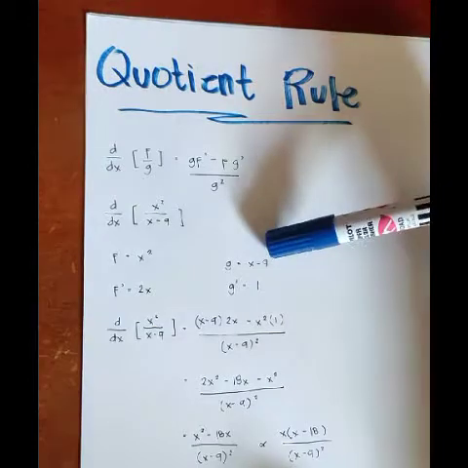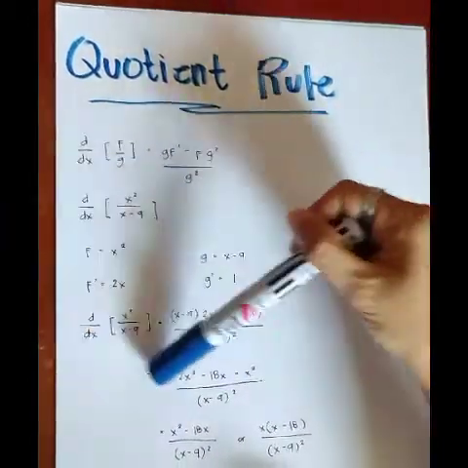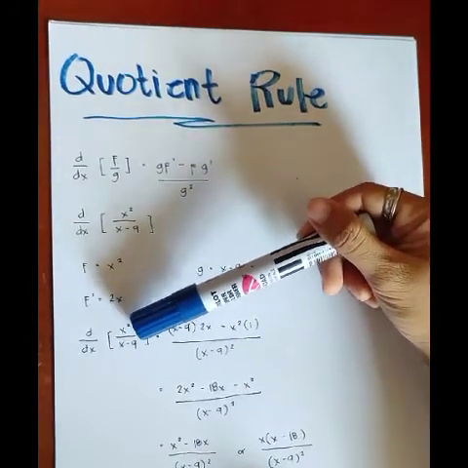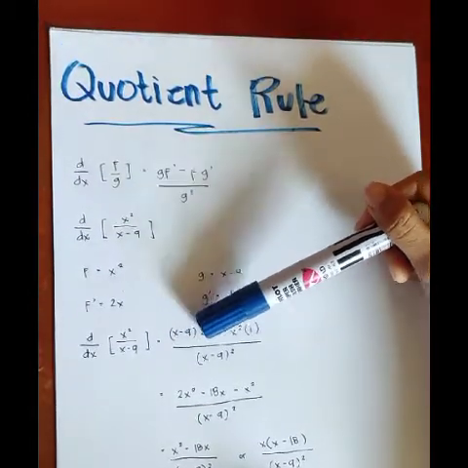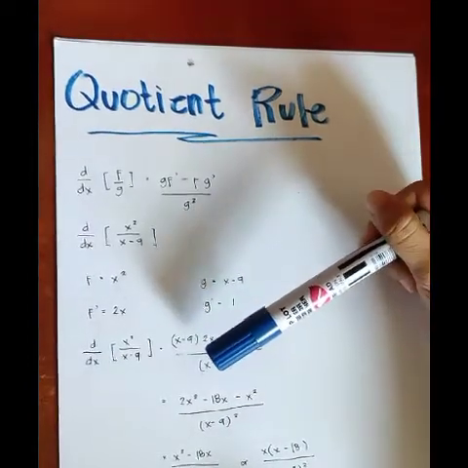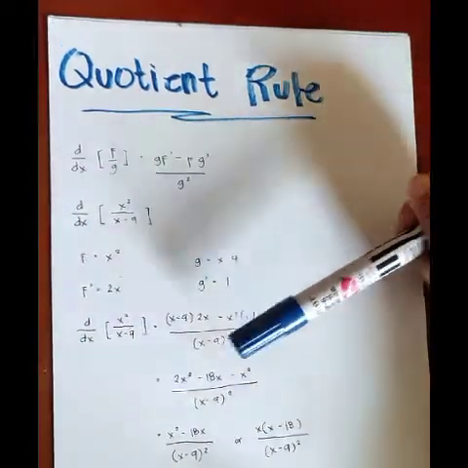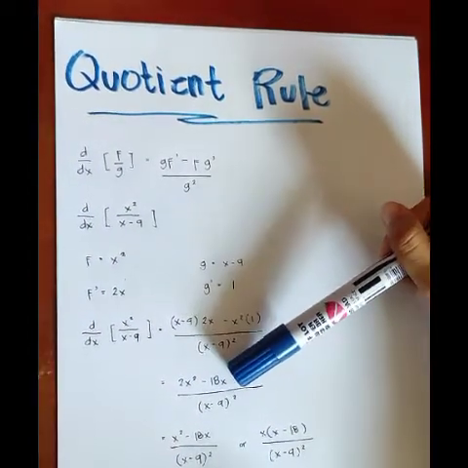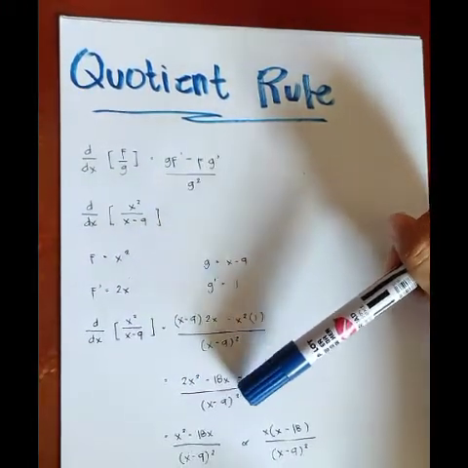So let us substitute our values on this form. So it will come up into the derivative of x squared over x minus 9 is equal to (x minus 9) times 2x minus x squared times 1 all over (x minus 9) squared. So let us simplify this one. 2x squared minus 18x minus x squared all over (x minus 9) squared.